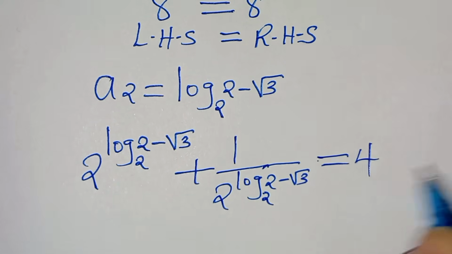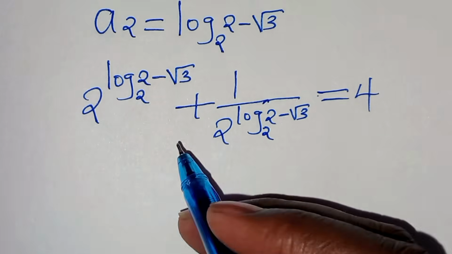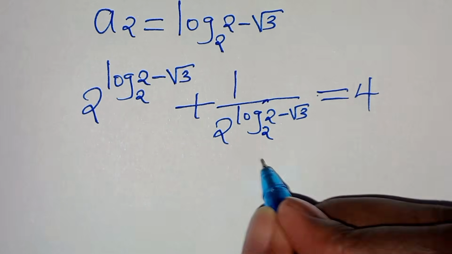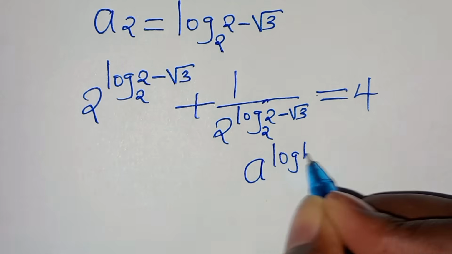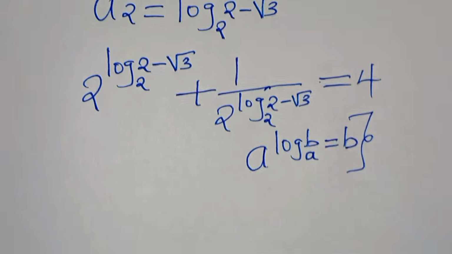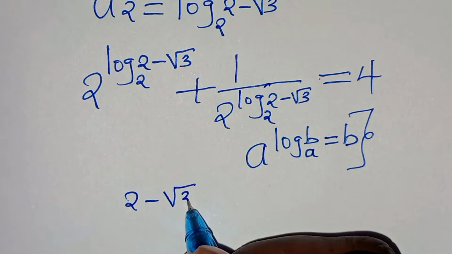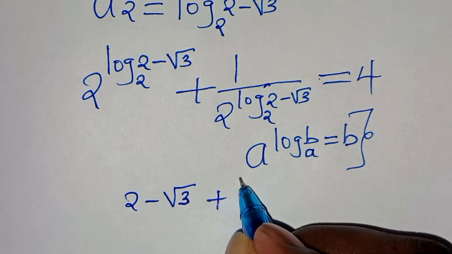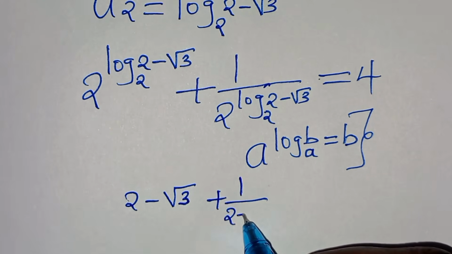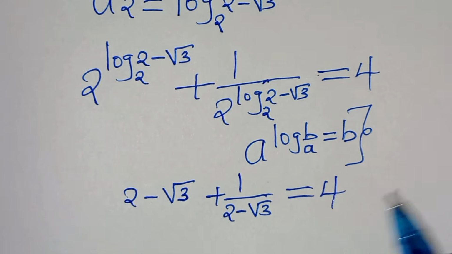This is equal to 4. Now, applying the power log property that a raised to the power of log b to base a is equal to b, we have 2 subtract square root of 3 plus 1 over 2 minus square root of 3. This is equal to 4.